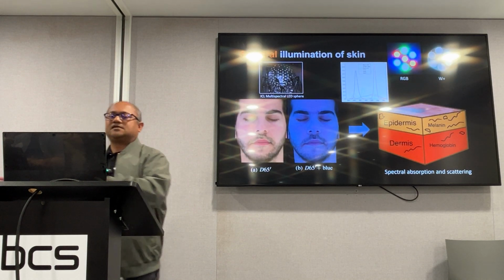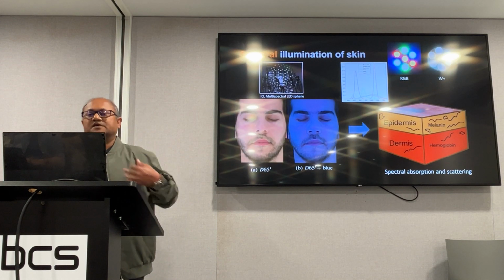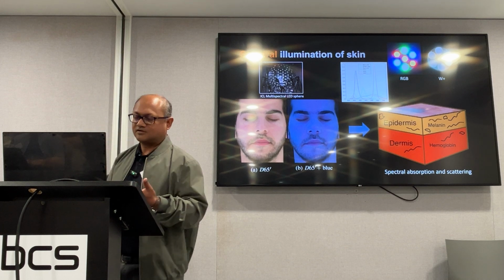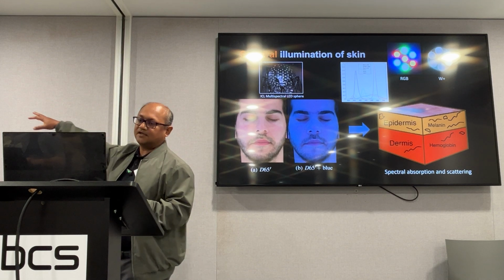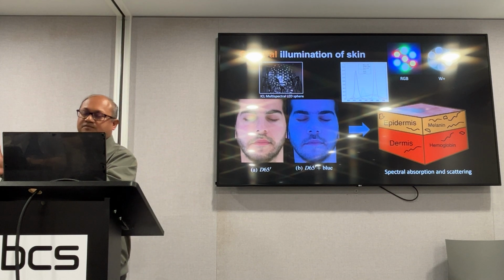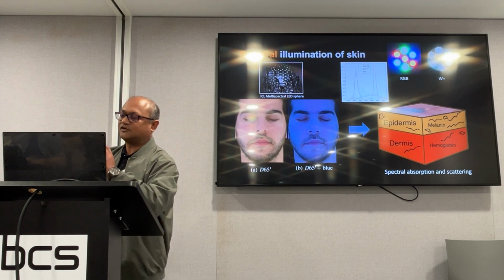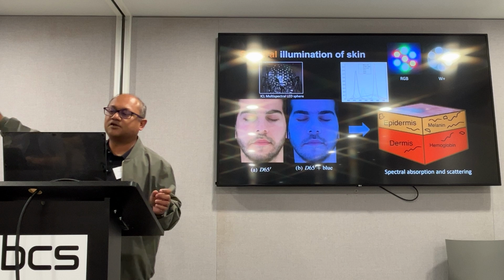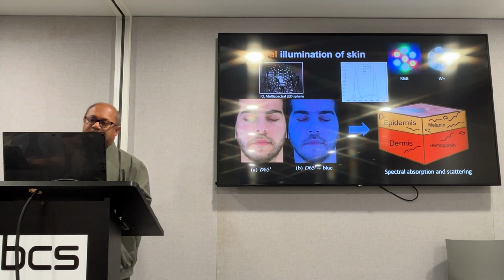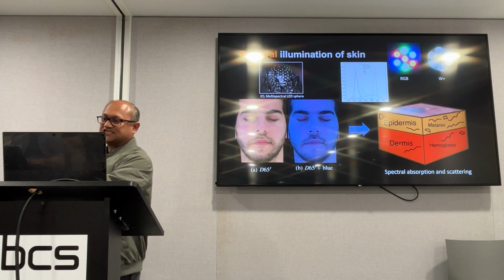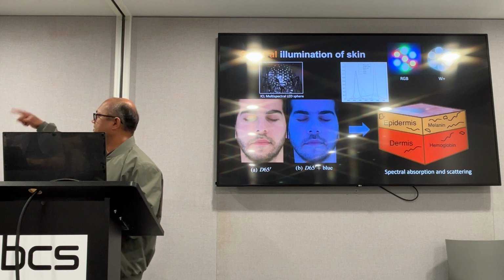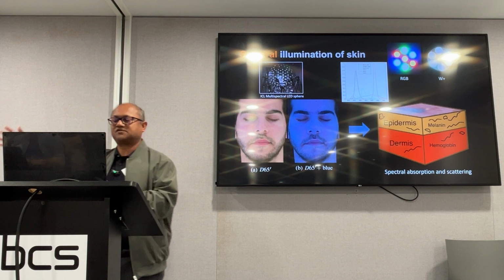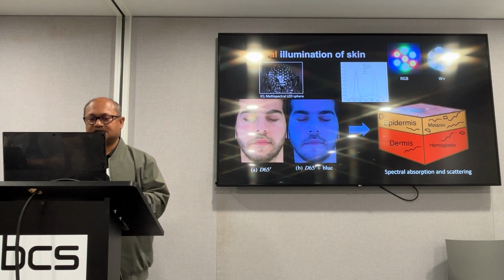So we use that, in this case, to try and reason about the spectral constituents of human skin. And of course, we use polarization and cross-polarization to block out all specular reflection. And then we want to do the minimal possible measurements and the best possible measurements to essentially reason about these two types of chromophores that we care about in skin.